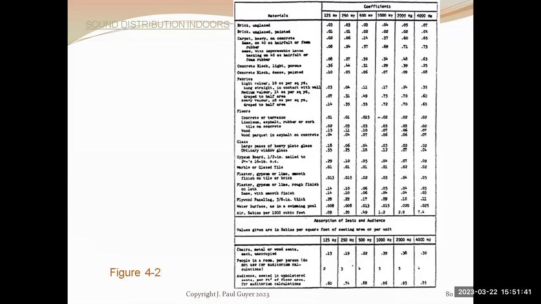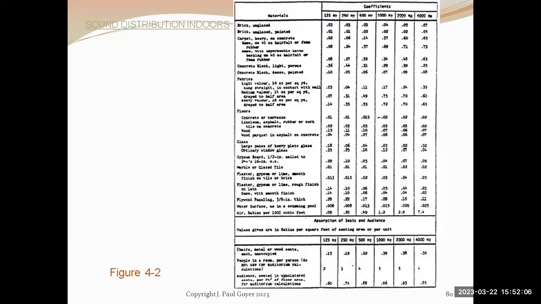And then you're reduced to a simple building design challenge, which is that you know that you want to reduce the sound, which is about, say, 70 decibels in the source room. You want to reduce that to 30 decibels in the receiving room. 70 minus 30 is 40.